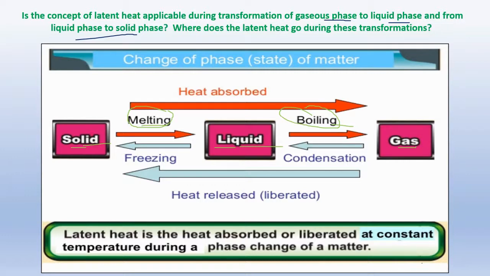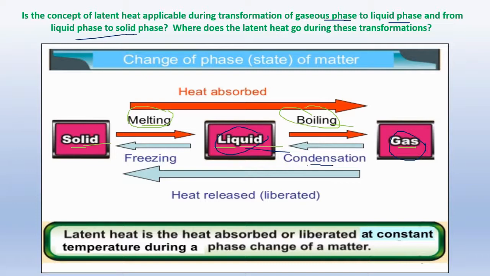Now, if I want to convert from gaseous form to liquid form, the object has to be condensed. The object is in gaseous form, that is the steam form. Suppose we take the example of water. Water in steam form is water vapor. When this water vapor is condensed, that means converted into water droplets, we get the liquid form.